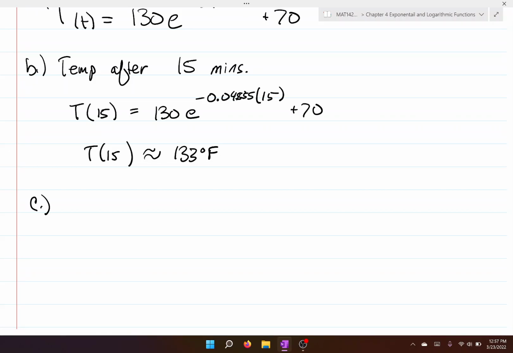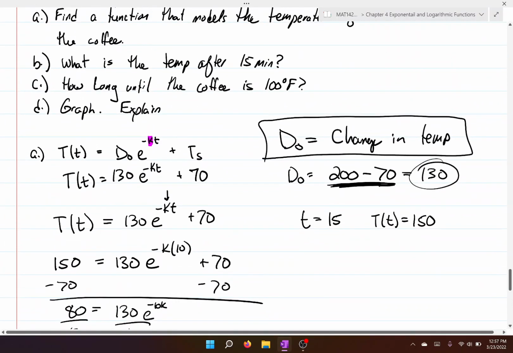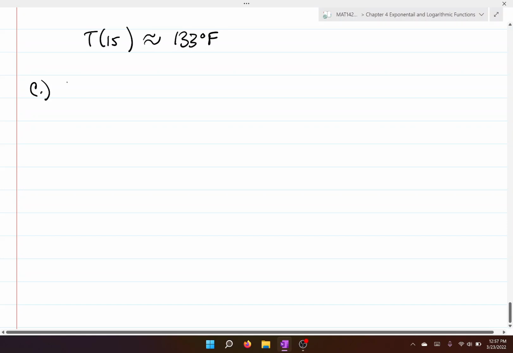All right. Now, part C, I'm going to scroll back up so I can look at it. Part C is that special one. How long until the coffee is 100 degrees Fahrenheit? Okay?